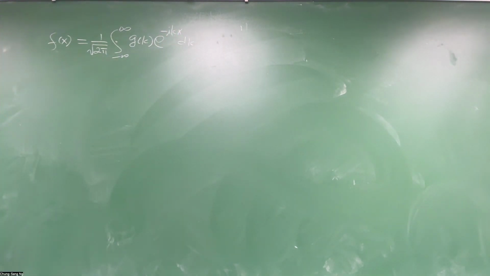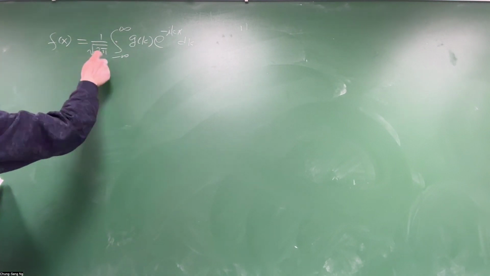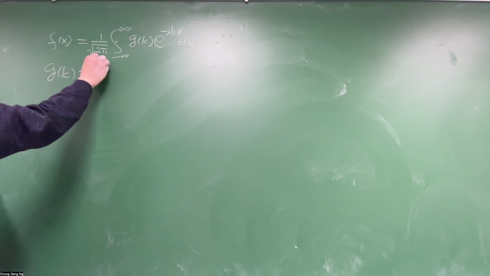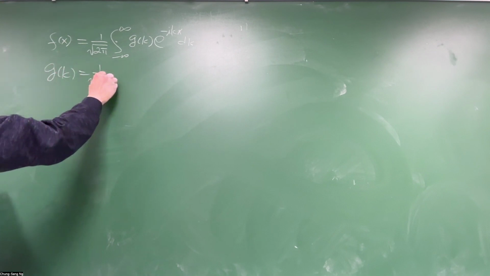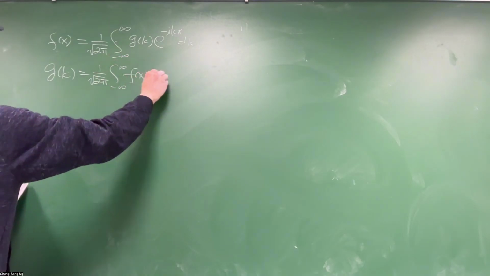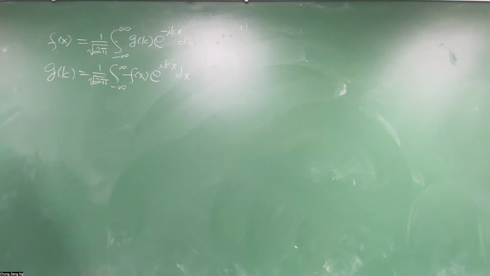This is the inverse Fourier transform, and then the Fourier transform t sub k is using the symmetric convention. It's just the same form, except for this exponential function, right? That's the Fourier transform, inverse Fourier transform.